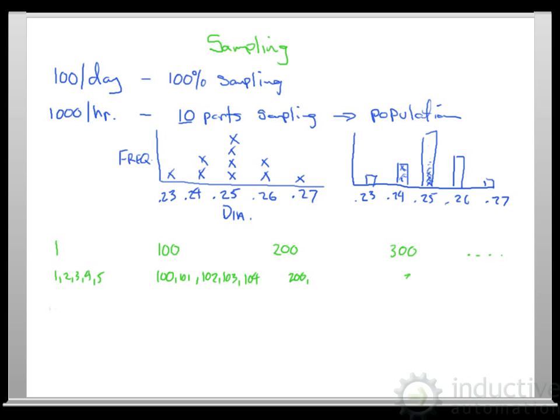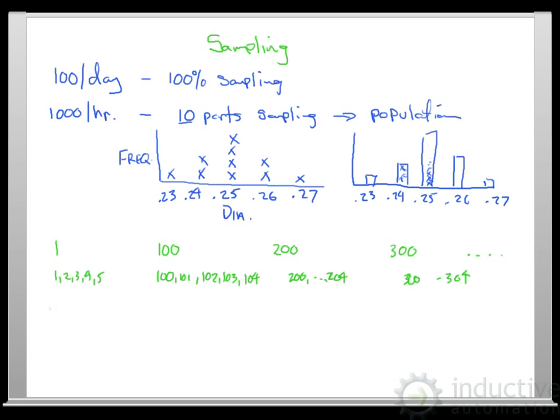You get the idea. Then 200 to 204, 300 to 304. So we're taking 5 samples here, 5 here, 5 here, 5 here.